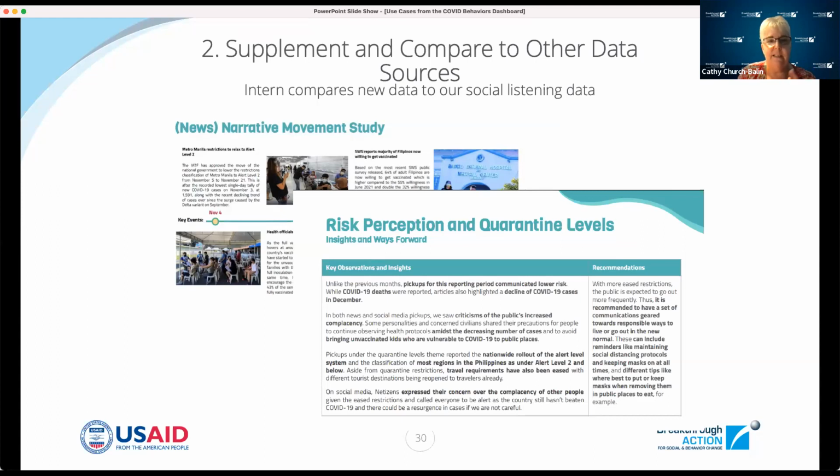He just wants to see if the social listening data and the COVID dashboard data are in sync or where they're different. And we look at those differences to judge the quality of both sources. They generally track each other very nicely. So that's something that we do because we have that ability. Next slide.